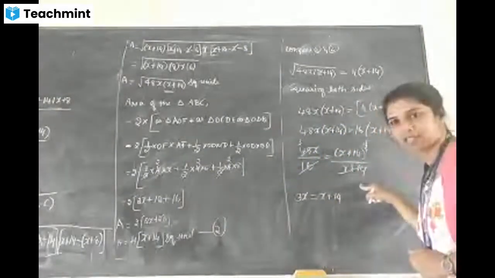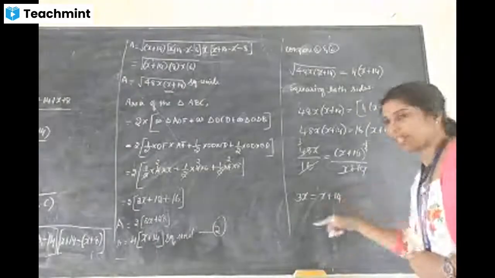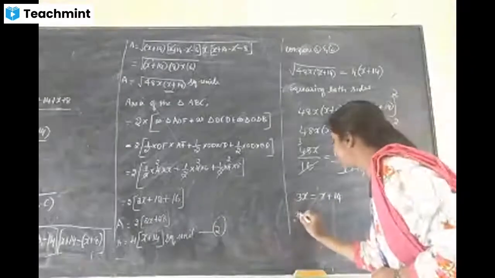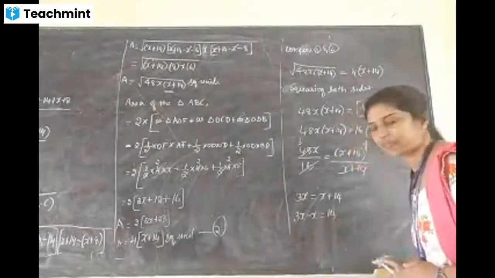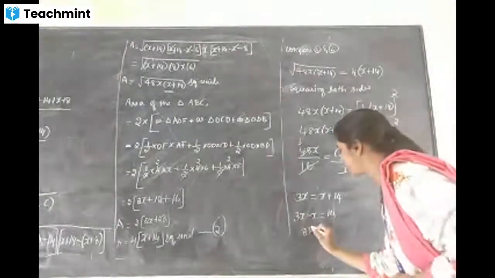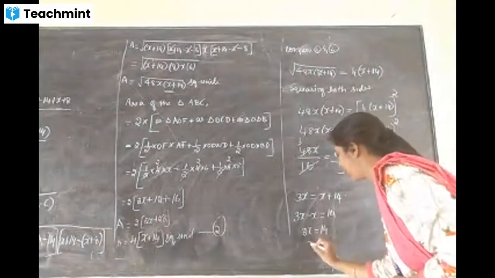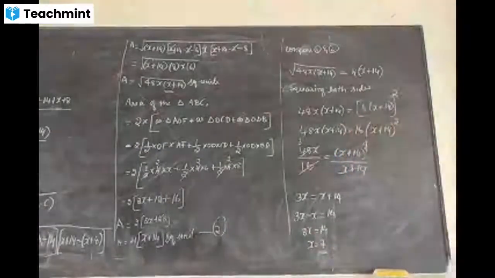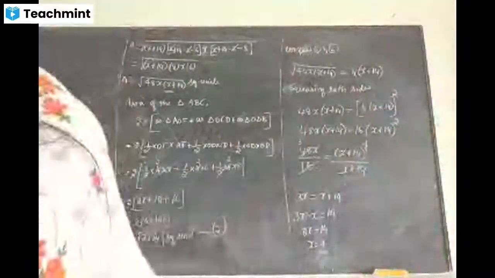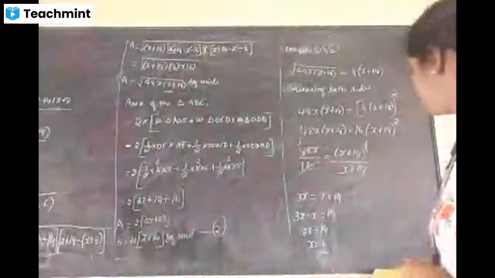The square has got cancelled. Now take x to this side. 3x minus x equal to 14. 3x minus x is 2x. 2x equal to 14, so x equal to 7 we got. Find the sides AB and AC, they asked.